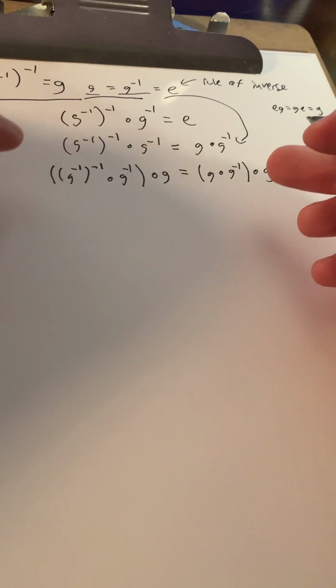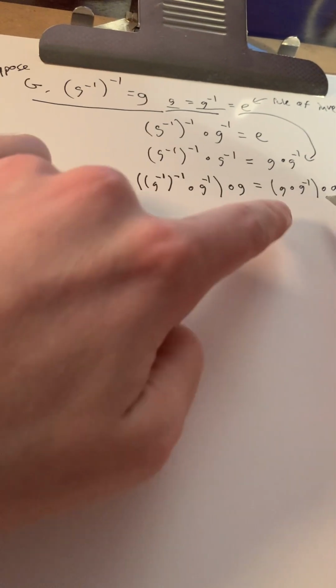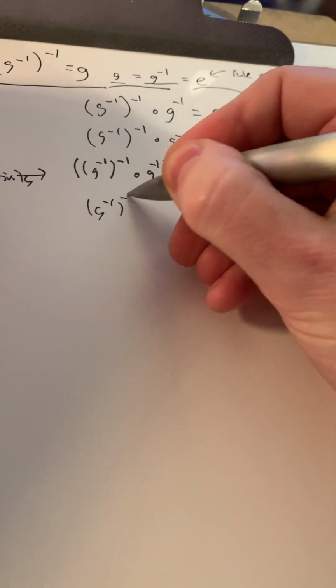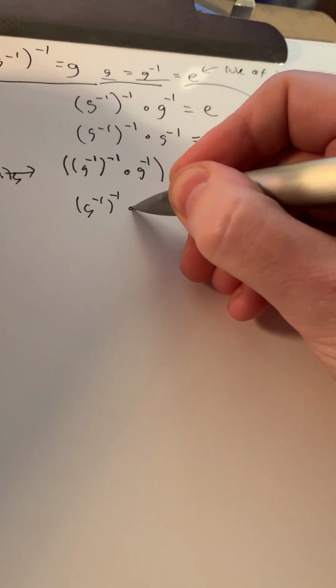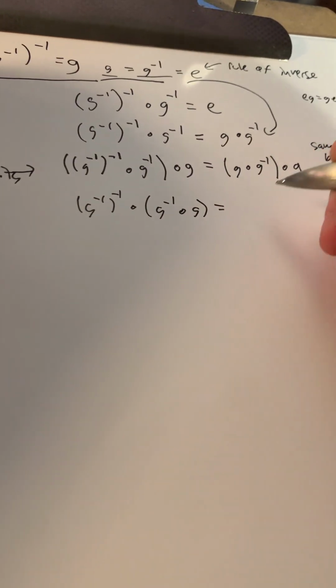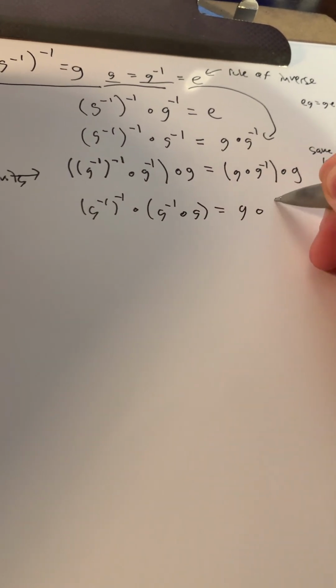What follows is what I think is the most tricky move, which is to notice that we can use associativity to change these brackets. We can move these brackets over, which is really nice, because that allows us to get G inverse composition, open bracket, G inverse composition G, equals G composition, G inverse composition G.